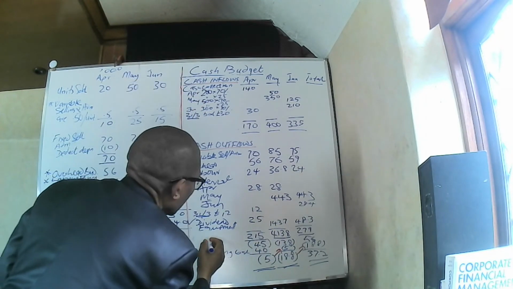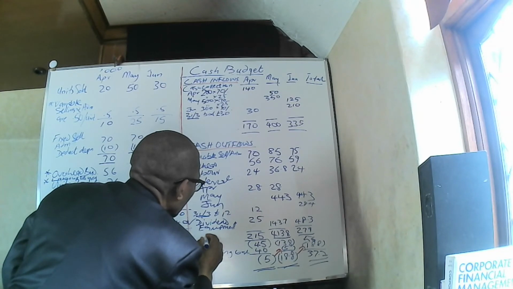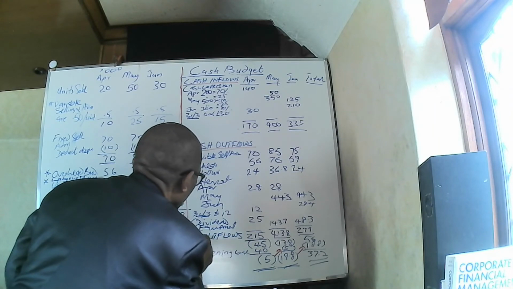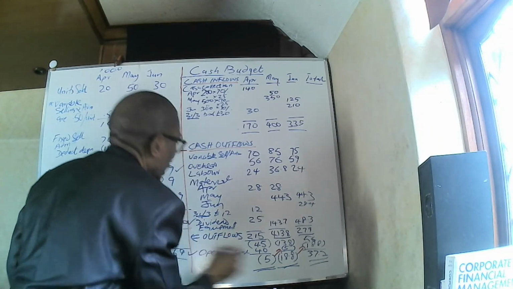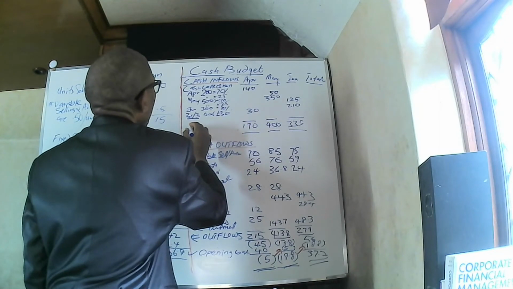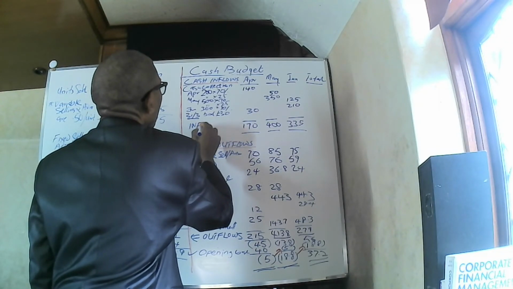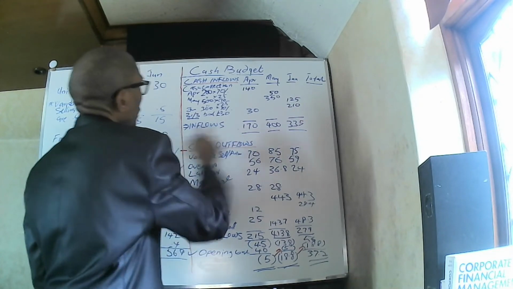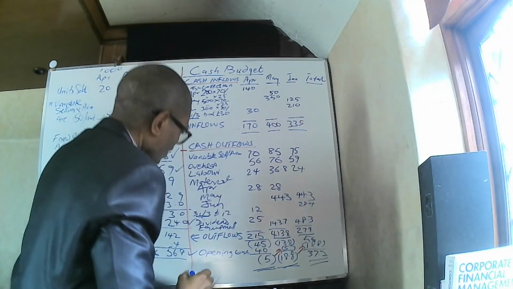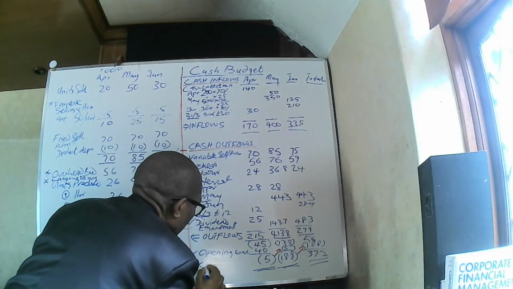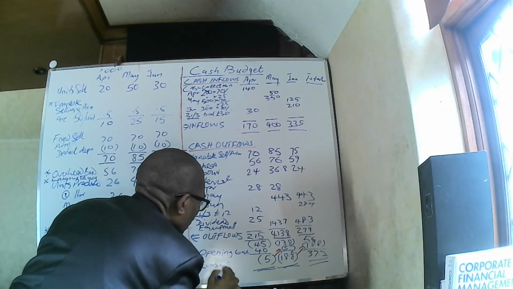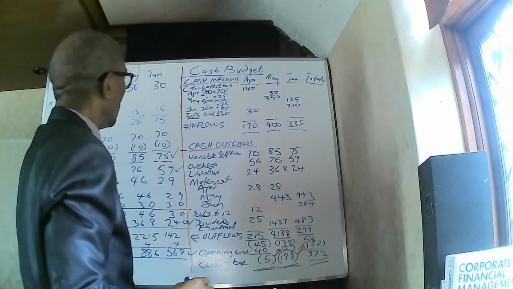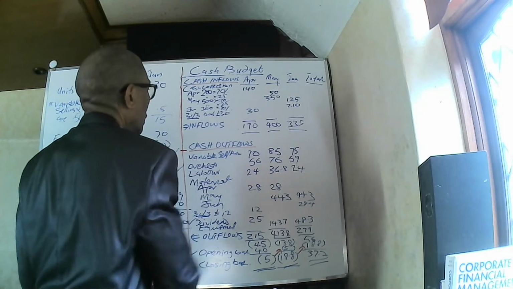So this is the outflow, in total going out, and this is the inflows coming in. Inflows is closing balance. Closing balance. All right, very good.